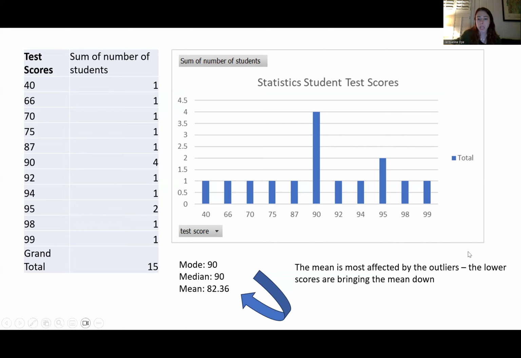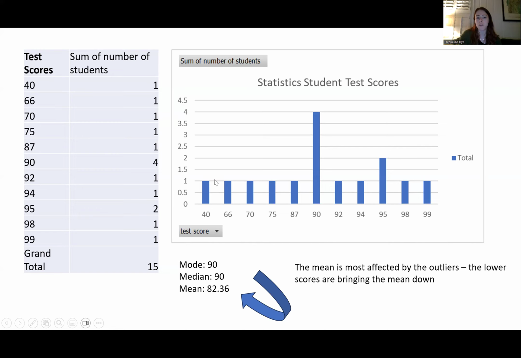But if we look at the mean, this number is much lower. It is almost 10 points lower, 8 points. Maybe that's an exaggeration. It's quite a bit lower though. So we go from an A- here to a B-. The reason why the mean is so low is because it is being pulled down by these outliers, this 40%, 66%.